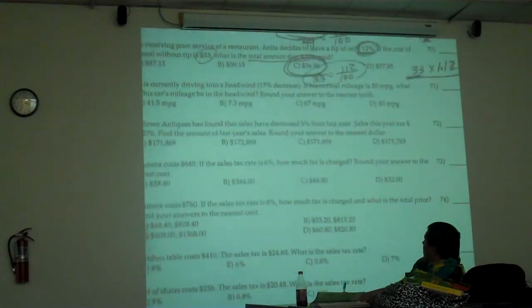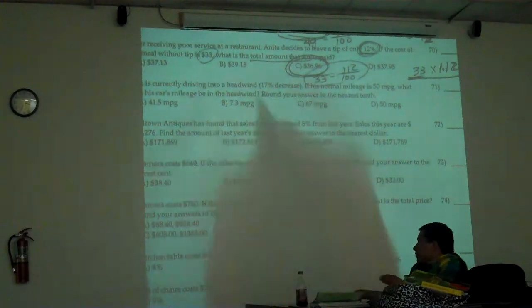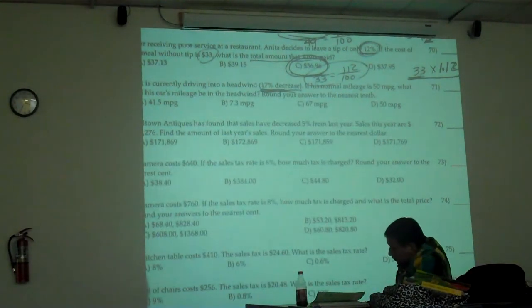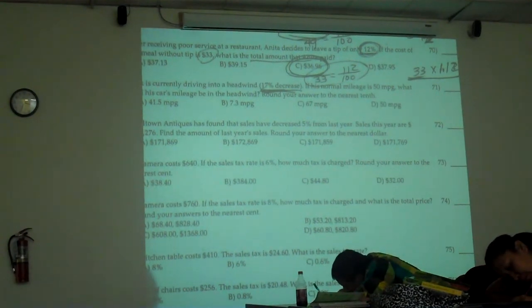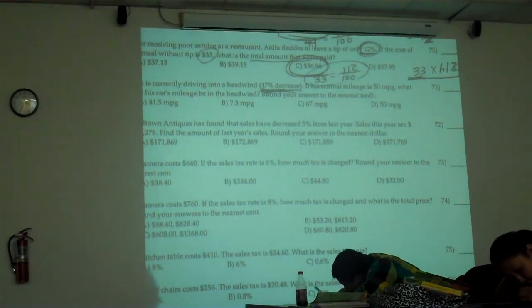Okay, he's driving with a headwind, which decreases his speed by 17%. The normal mileage is 50 miles per gallon. It decreases miles per gallon. What's his car's mileage with the headwind? You don't do 17% unless you're wanting to subtract it from 50.